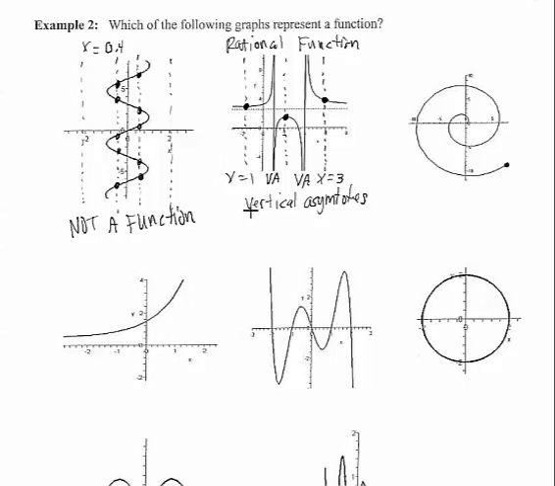In some cases, you just simply have to be familiar with certain algebraic functions. Okay, the next one. We have a spiral, and this is obviously not a function. Okay, there's several places where I could draw a vertical line and hit the spiral twice. If I draw a vertical line pretty close to the y-axis, you can see that I hit it 4 times.